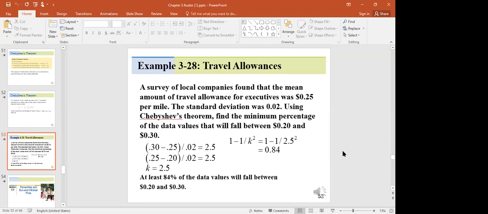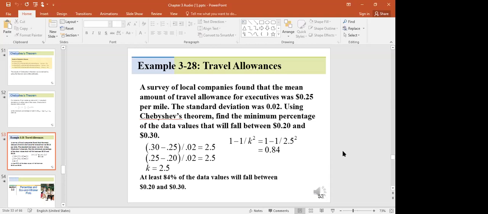So the question is, what is the minimum proportion of values between 20 cents and 30 cents when we know that the mean is 25 cents and the standard deviation is 2 cents.